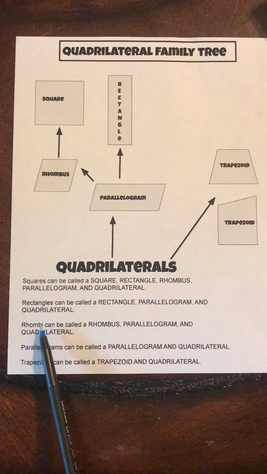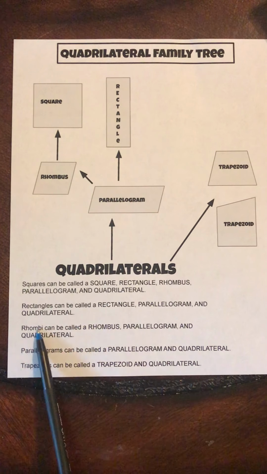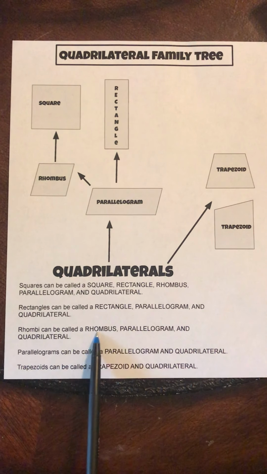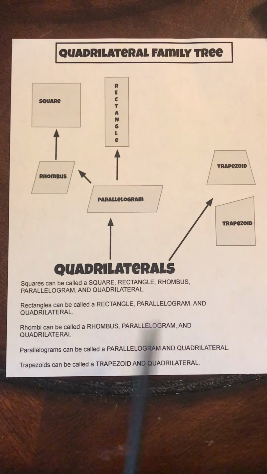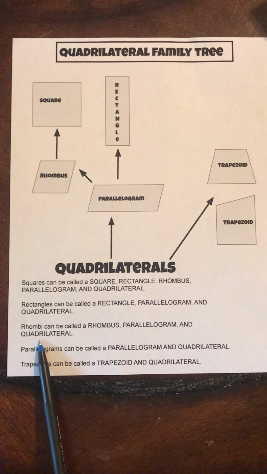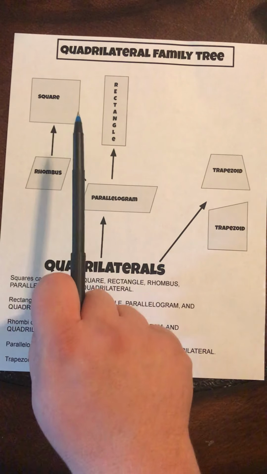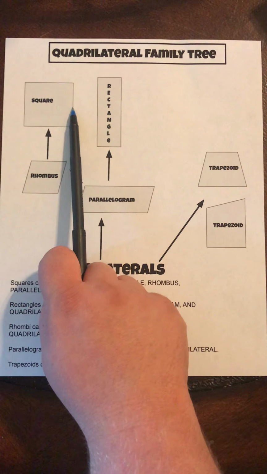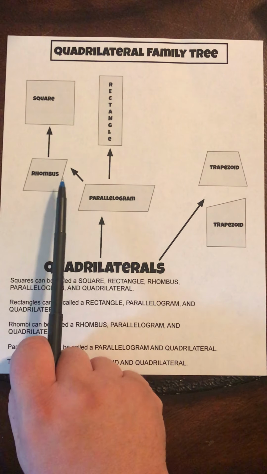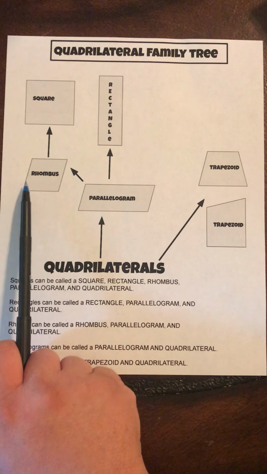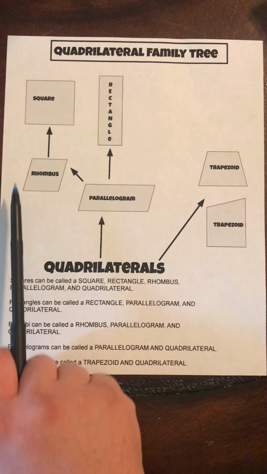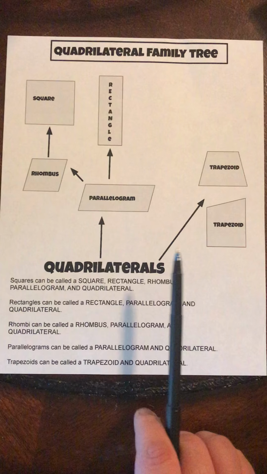Rhombi, which is plural for rhombus, more than one, can be called a rhombus, a parallelogram, and a quadrilateral. And notice I see rhombus up here because this is a rhombus too. Because rhombi have all the same side lengths. Every side is the same.